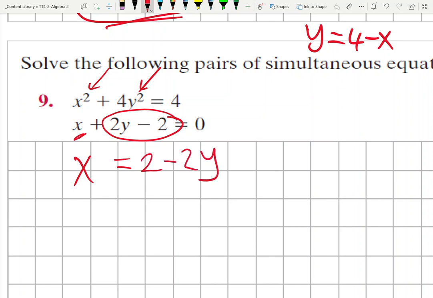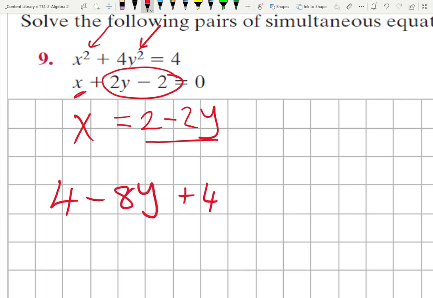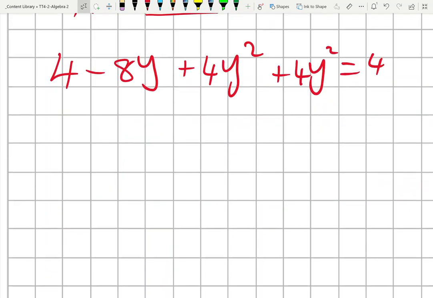Okay. Now I square that up to 4 minus 8y plus 4y squared. That's that bit done. Add another 4y squared is 4. Now there's different ways to navigate your way through this. Let's take out the 4.